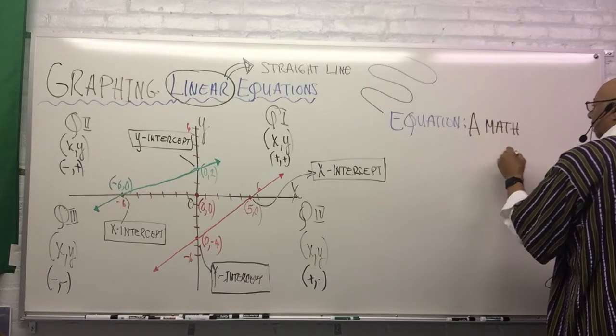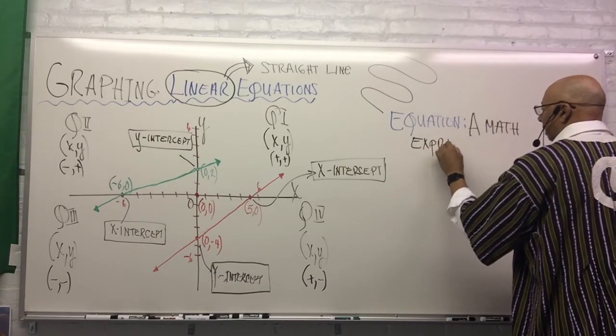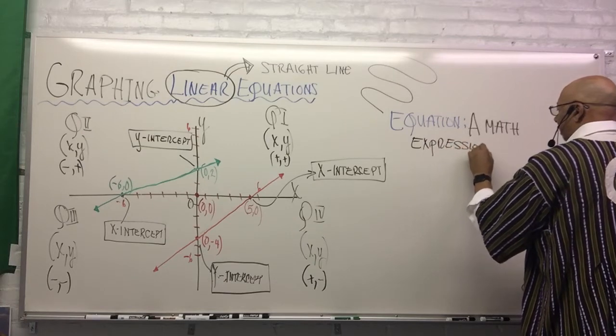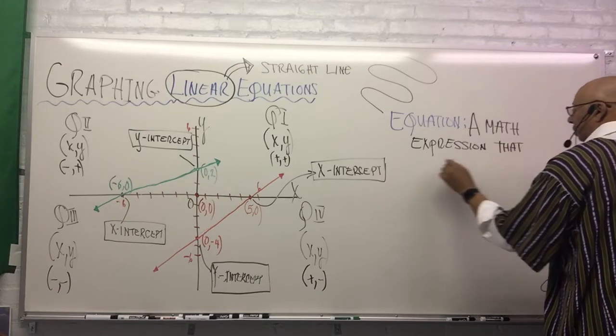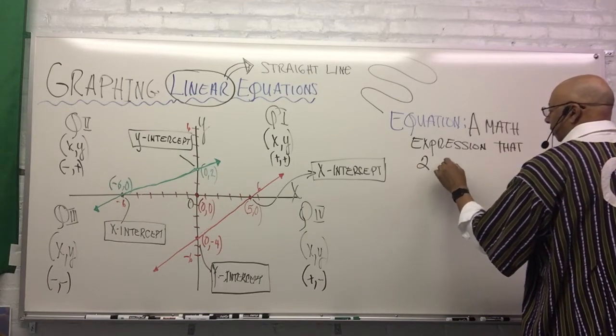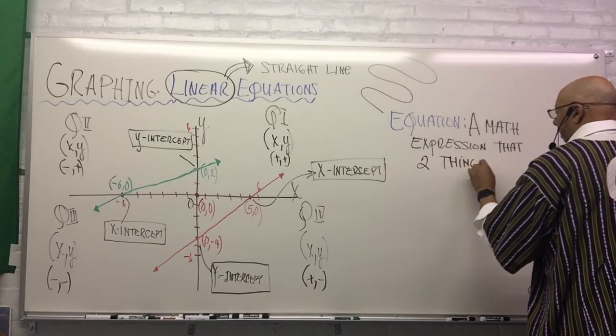A math expression that two things are equal. We'll use things for right now.